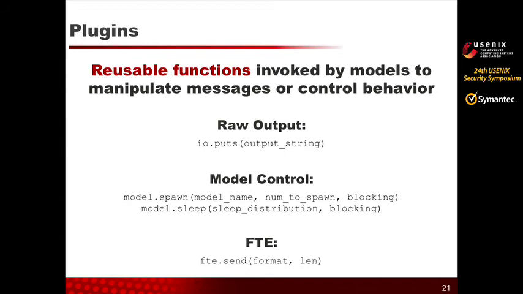Instead of doing it directly in the model itself, here we can create a plugin whose parameter, one of whose parameters, is a sleep distribution over how much time you should be sleeping and what the distribution over that time is. And this also can be done in a blocking or non-blocking way. So there's a lot of flexibility, a lot of options here in terms of what we can accomplish with these reusable functions simply by putting them into these action blocks in the models.